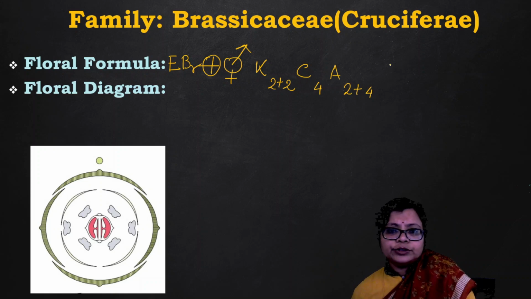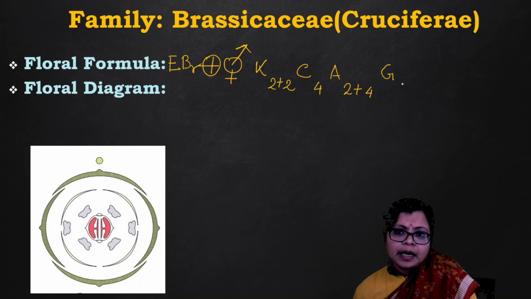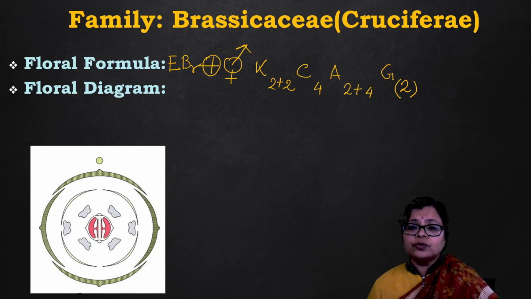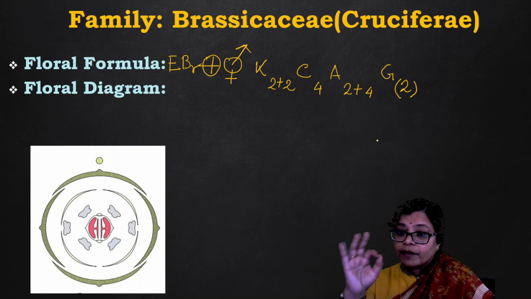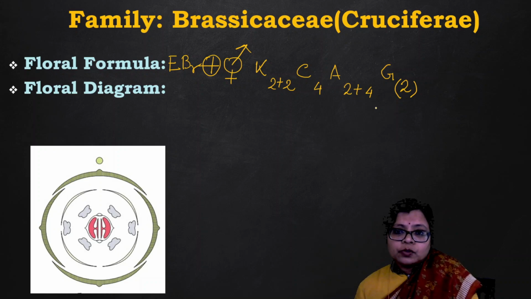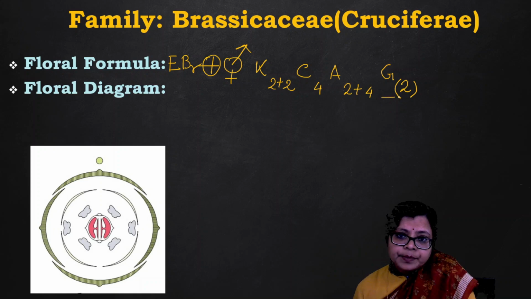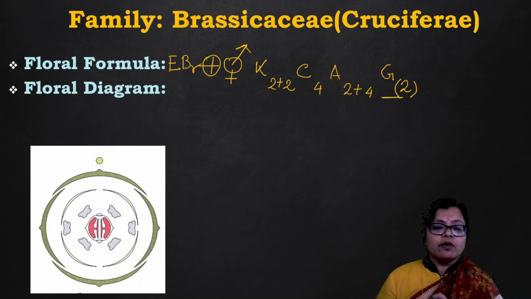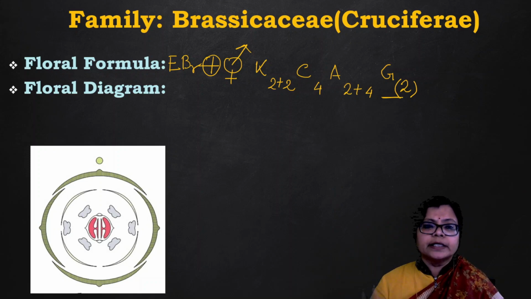Now gynoecium. How many carpels? 2, and syncarpous, so we have to put a bracket outside 2, and ovary is superior, so we have to draw a line below G. So I feel the floral formula is absolutely clear to you.